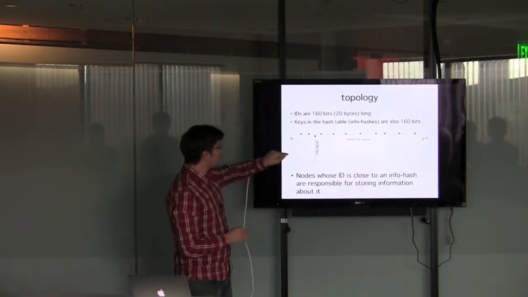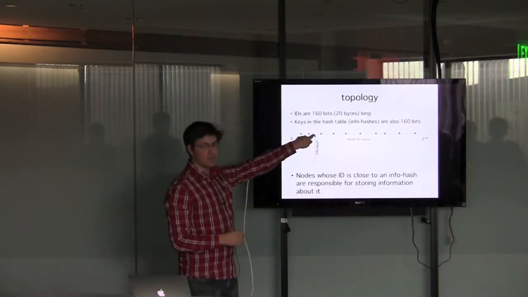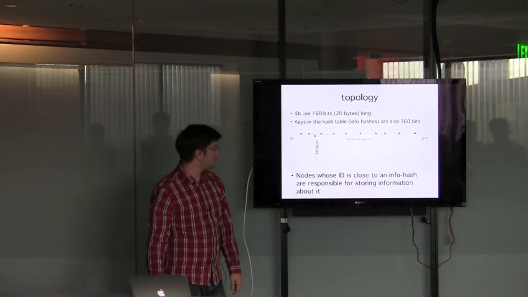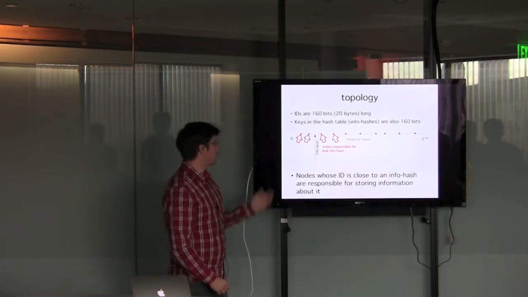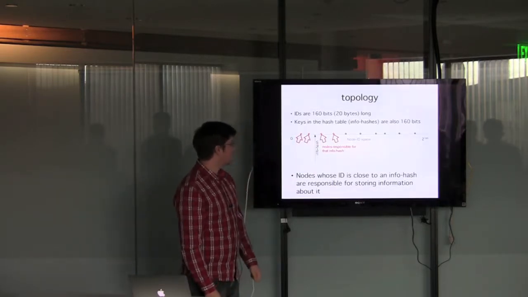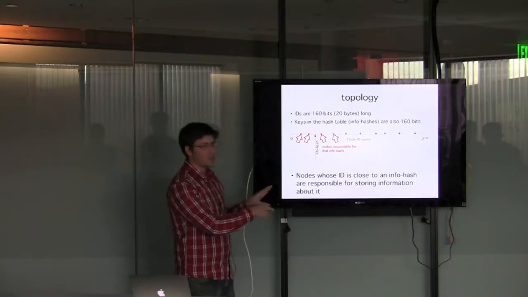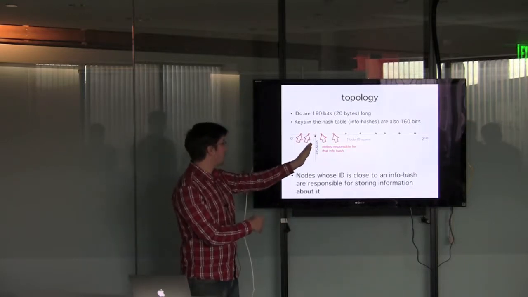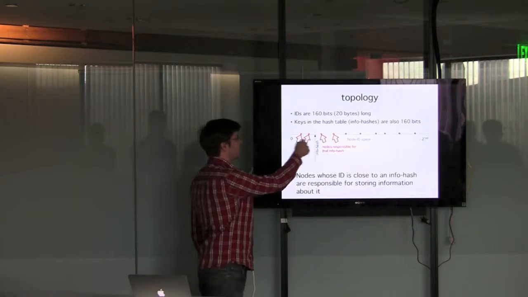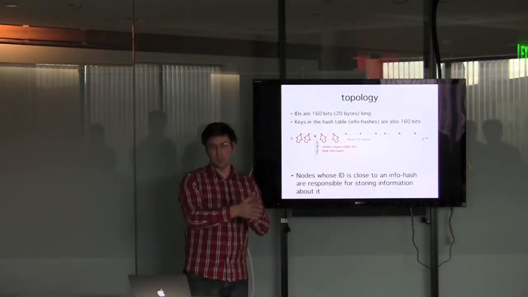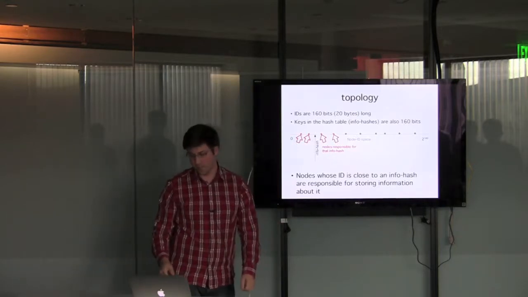The nodes that are closest to this point in the space are responsible for storing information about it. So, for instance, these 4 would be responsible. This is where you get when you're interested in this info hash. The goal is to find these nodes, the nodes whose node ID is close to the info hash value.